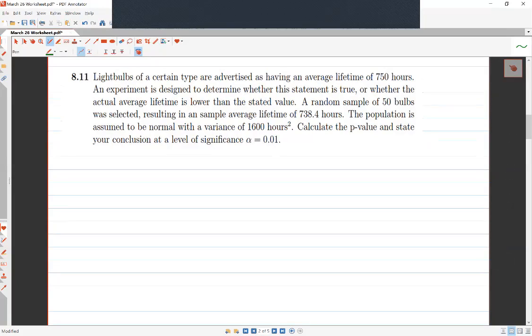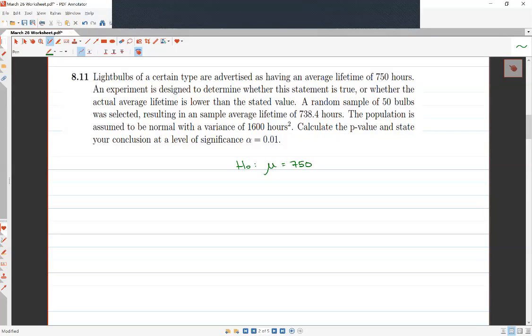Another example that should look familiar, because we had a very similar problem on Tuesday, looking at light bulbs and what the average lifetime of a specific kind of light bulb is. Now, in this instance, our null hypothesis said the average lifetime is 750 hours.